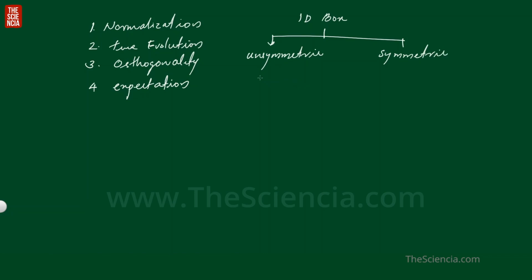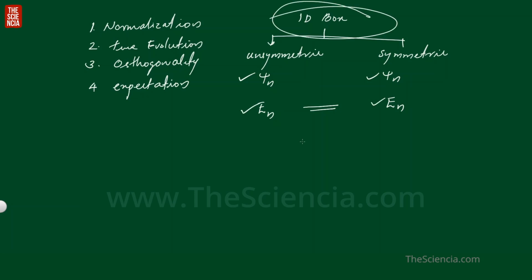And you know the wave function for the unsymmetric box and also for the symmetric box, and you know the equation for the energies of both. And I told you the energy will be equal for both the unsymmetric and symmetric case. I think you know about the wave functions and the equation for energy for a particle in a 1D box.